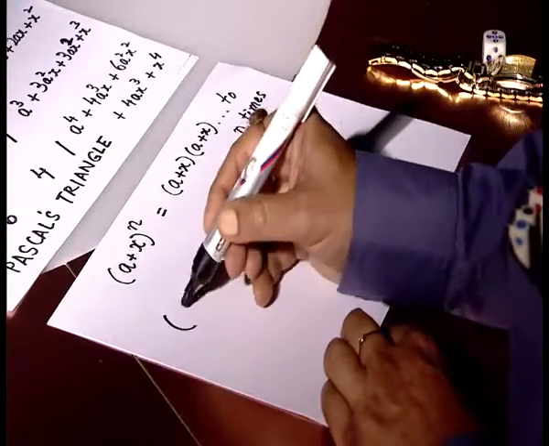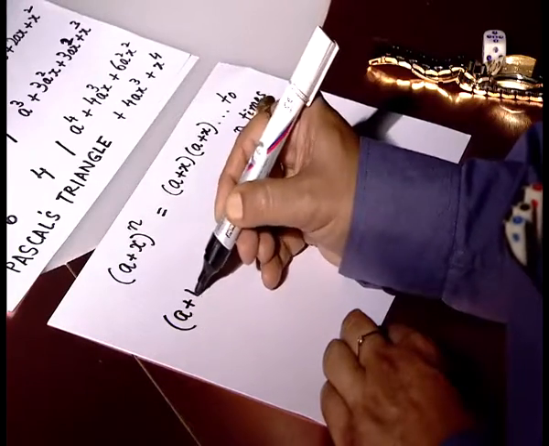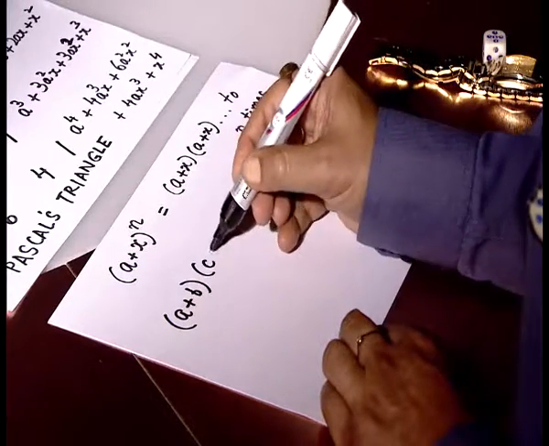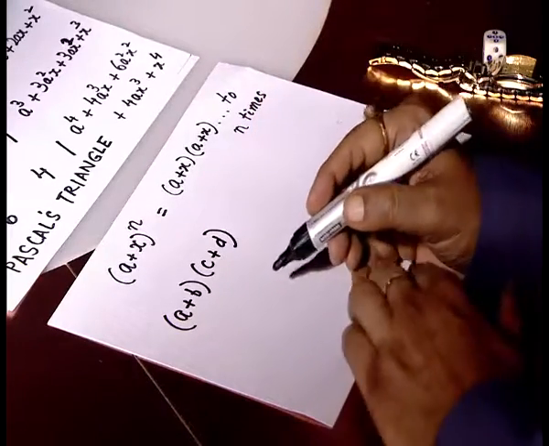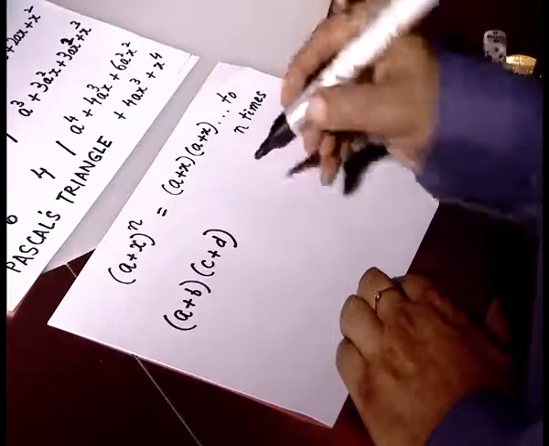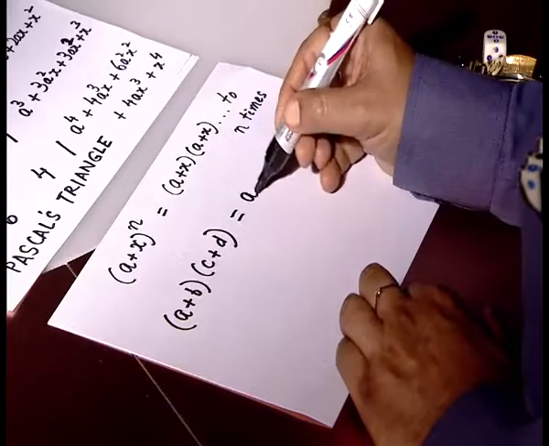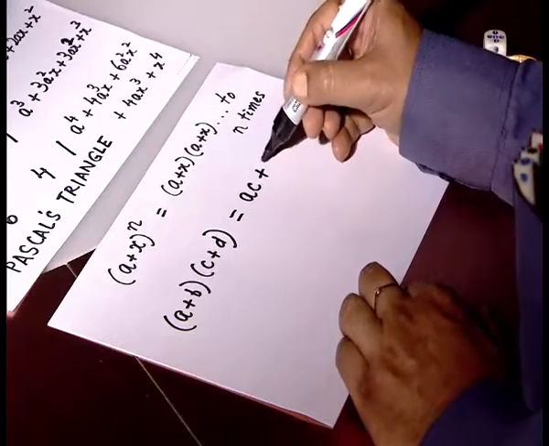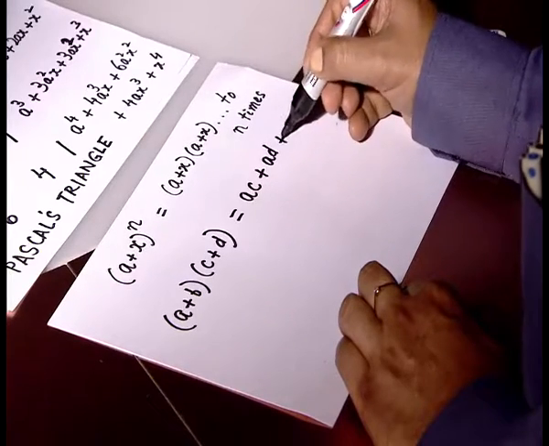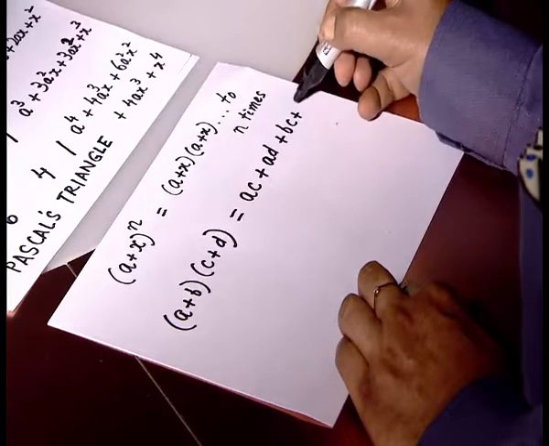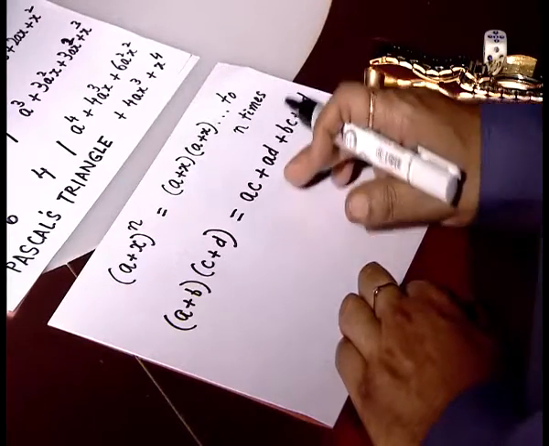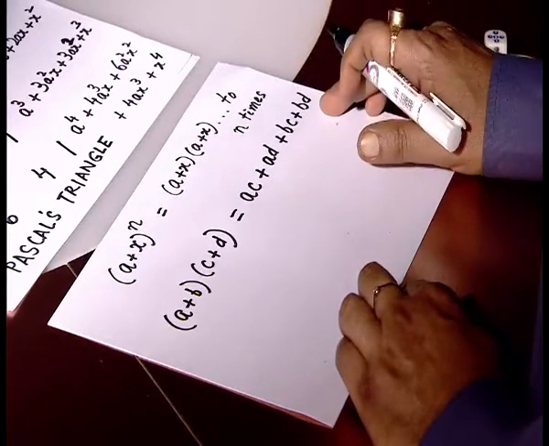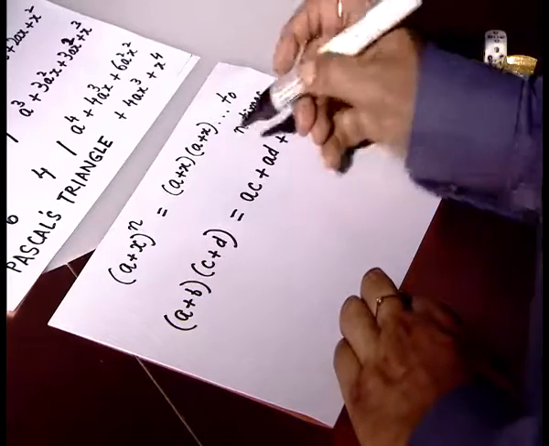Now, let us multiply two binomials, a plus b into c plus d. You can very well make out that there would be 4 terms. Which are those 4 terms? AC plus AD plus BC plus BD, is not it? Now, examine each term.